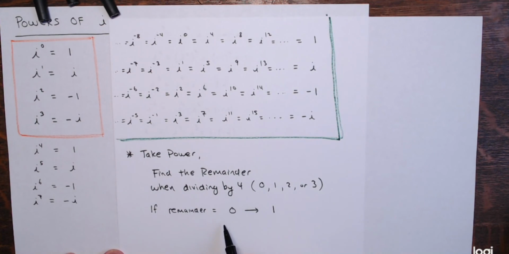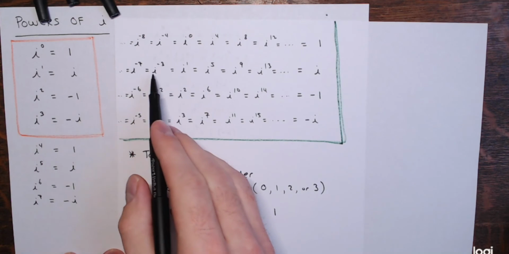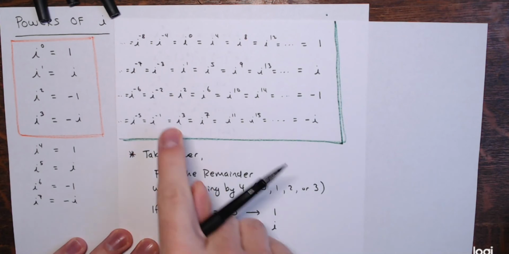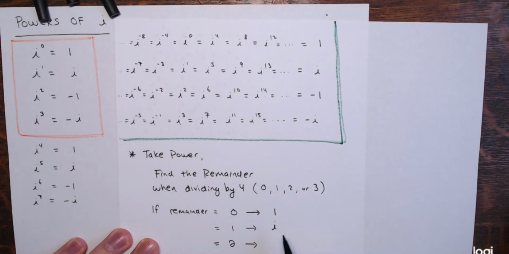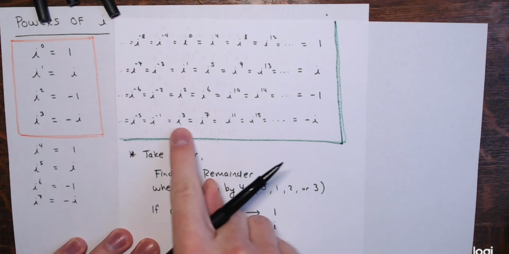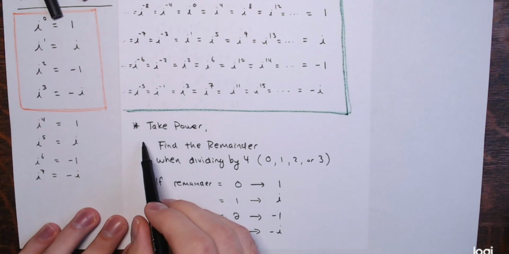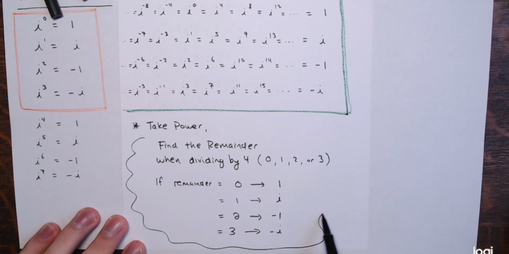If the remainder is 1, the power of I will simplify to I. If the remainder is 2, the power of I will simplify to negative 1. And if the remainder is 3, the power of I will simplify to negative I. All right. So this is huge here too. How are you going to simplify these powers of I?